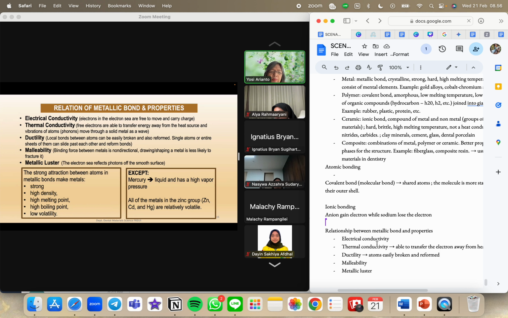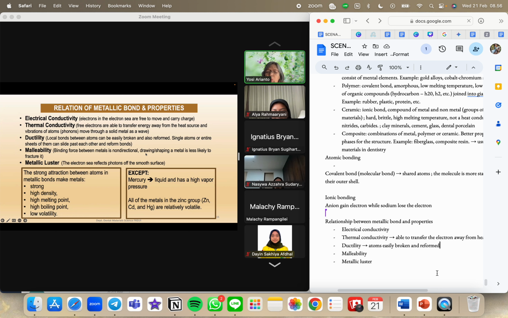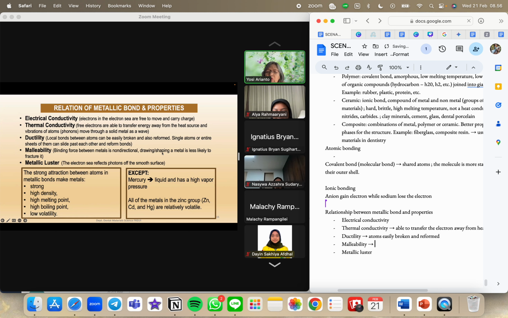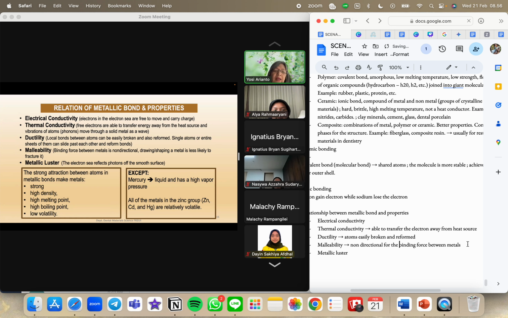And also the property of malleability, because there is a binding force between the metals which is non-directional, and when drawing or shaping a metal it is less likely to fracture. So we can use malleability to form a sheet, or what's called lampang, something like that. It's very thin.